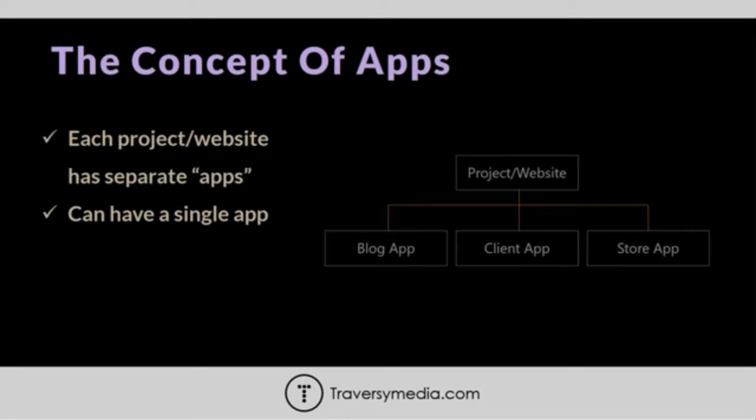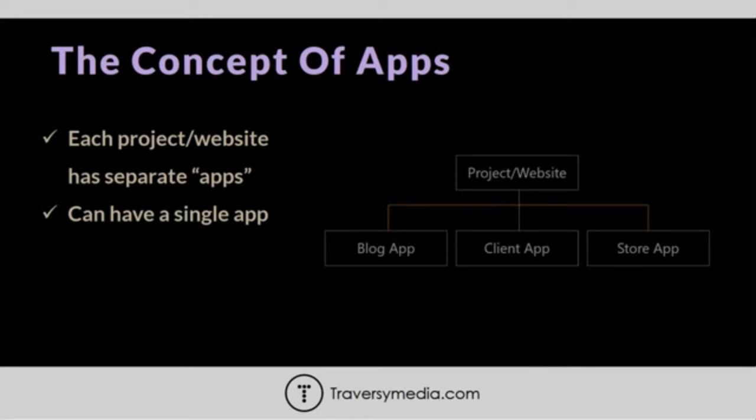All right, another unique thing about Django is that it uses the concept of apps. Now, usually you think of an entire project as an app, but within Django, a single project or website can actually include multiple of what they call apps. So you could have, for example, a blog app, a client app to handle your client functions, a store app, and so on.